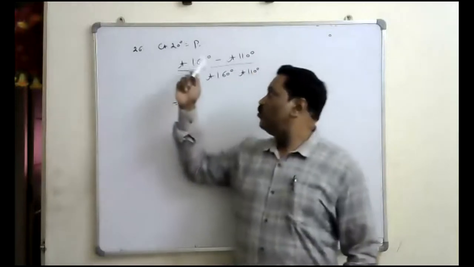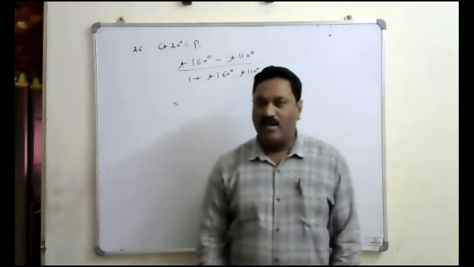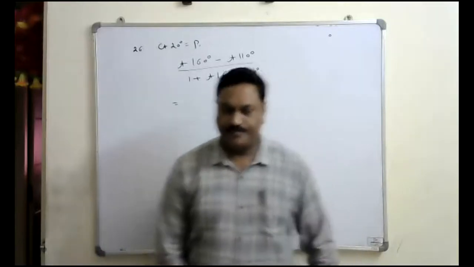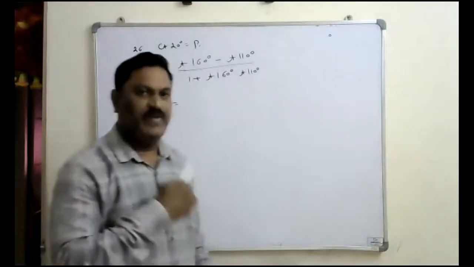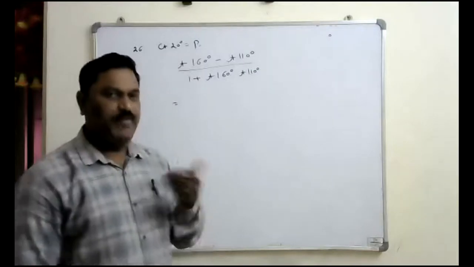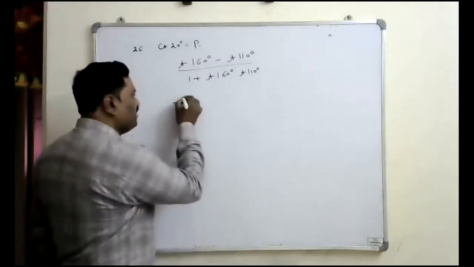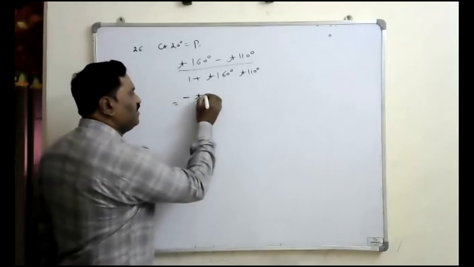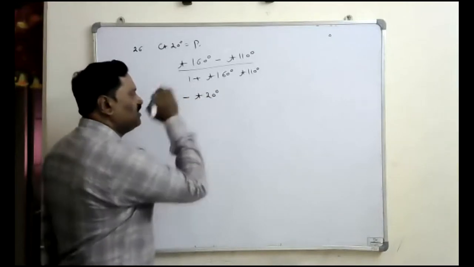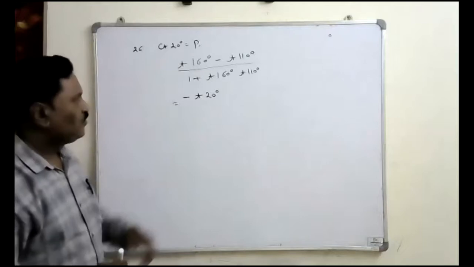So tan of 160, how do you write it? 180 minus 20, angle of the second quadrant. In the second quadrant tan is negative, and when 180 is there, tan remains tan. That is minus tan 20.